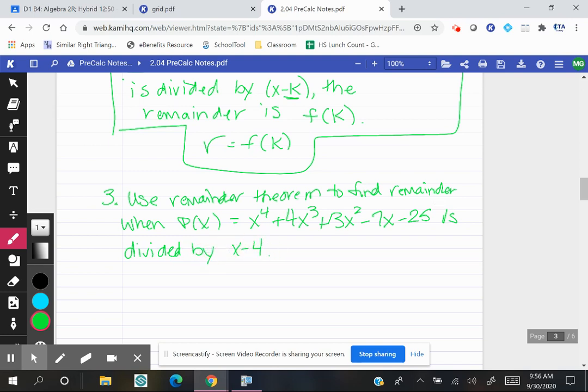Okay, so I could do long division. This is in the form where I could use synthetic division because it's x plus or minus a number, but those are all going to take me quite a while to do.